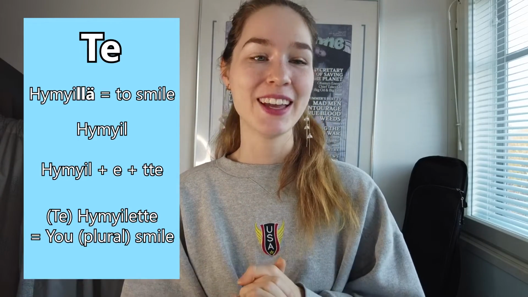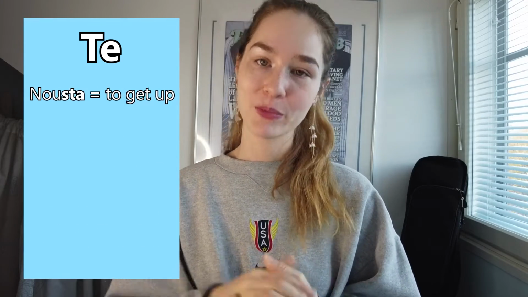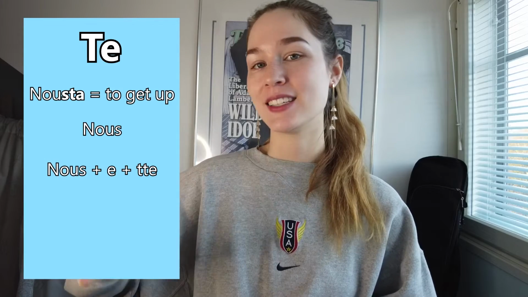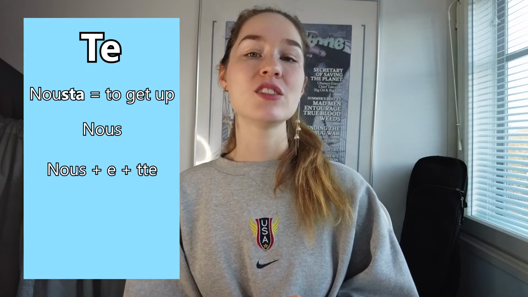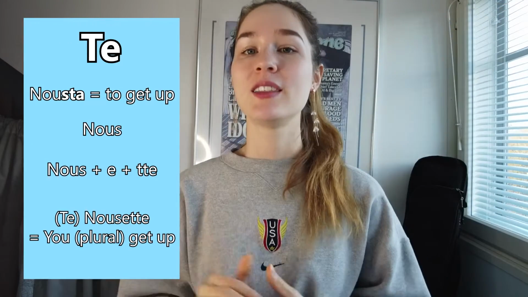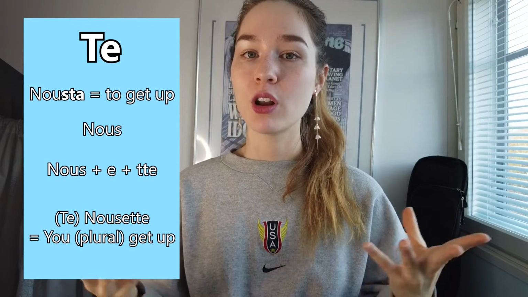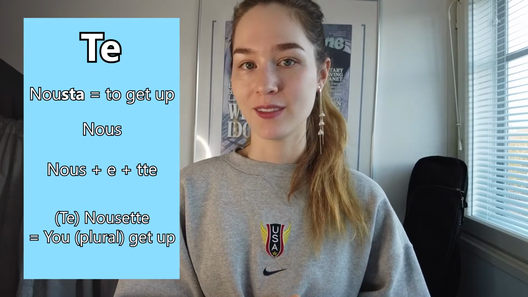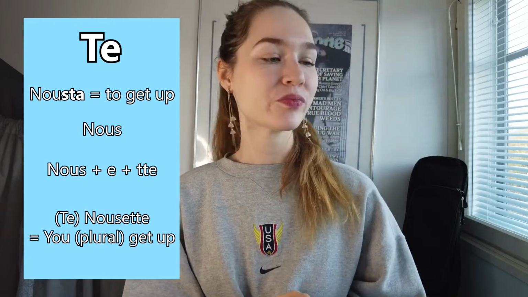And nousta, we take the last two letters off, add E, add TTE, and it turns into te nousette. You guys get up. Te nousette aamulla aikaisin. You guys get up early in the morning, for example.